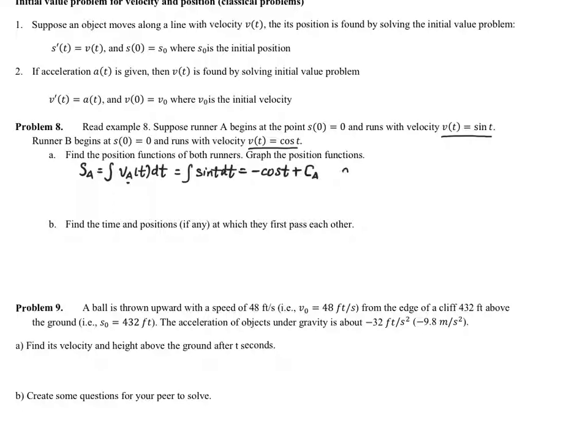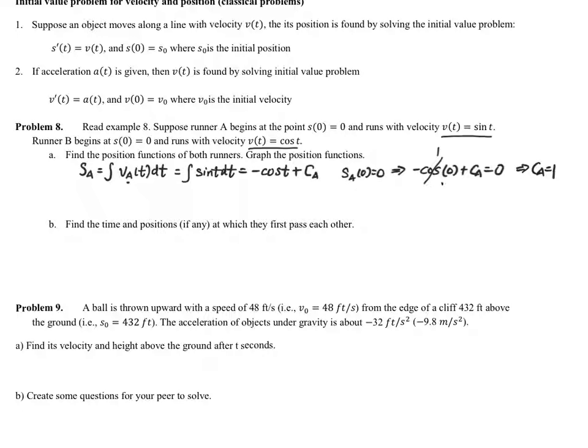And we do know s of 0 is equal to 0, which means negative cosine 0 plus c sub a should be equal to 0. And cosine 0 is just 1. So here we get negative 1 plus c sub a is equal to 0, which means c sub a is just 1.